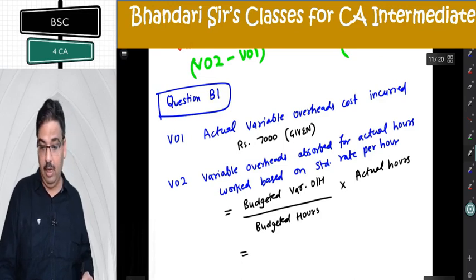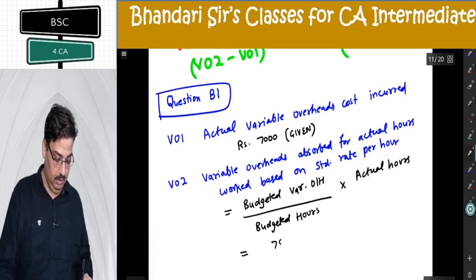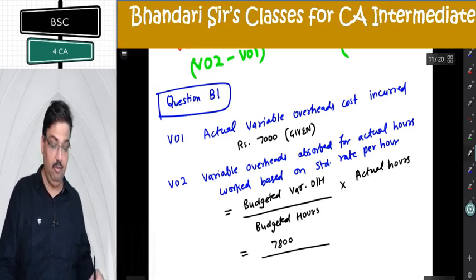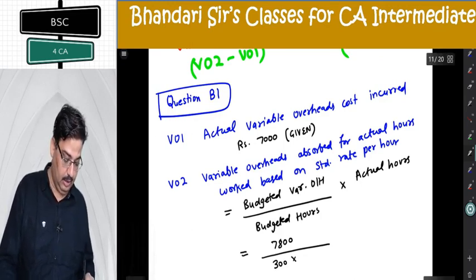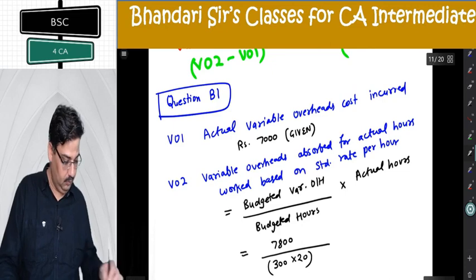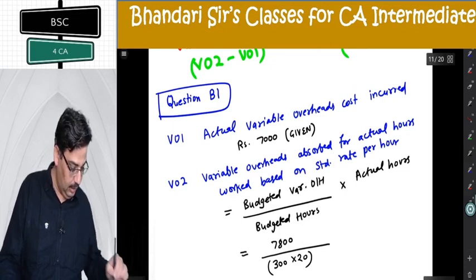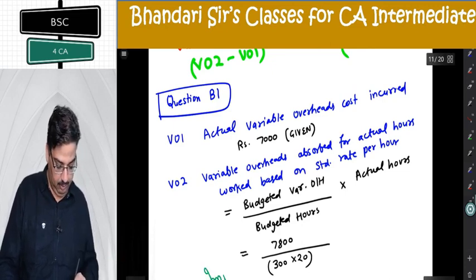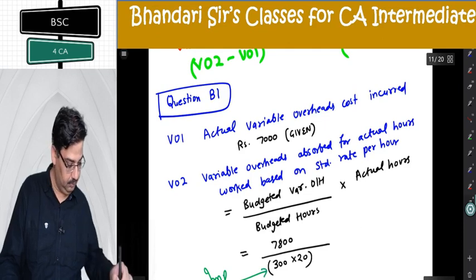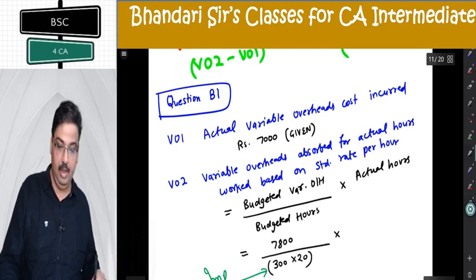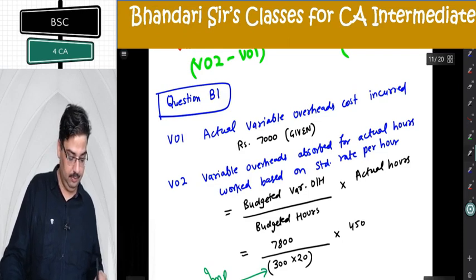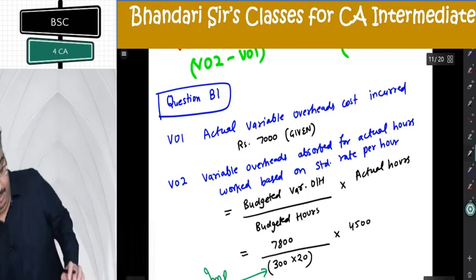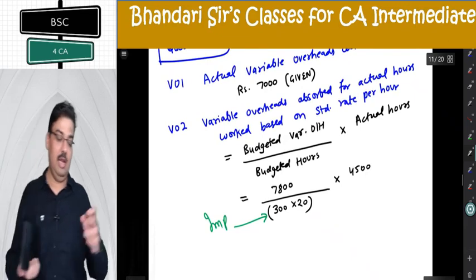So variable overhead budgeted is given at 7,800. Divide by budgeted hours, 300 into 20. This is the only important point of this question. Multiplied by actual hours. Actual hours are directly given: 4,500. Concentrate step by step.